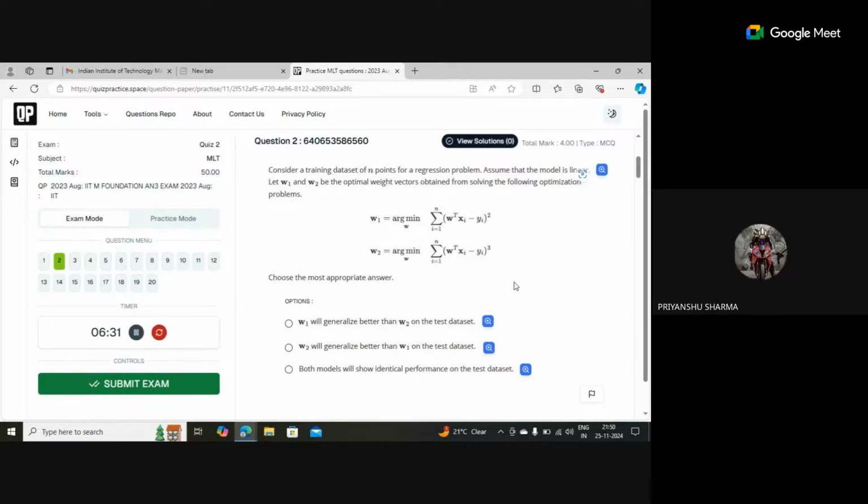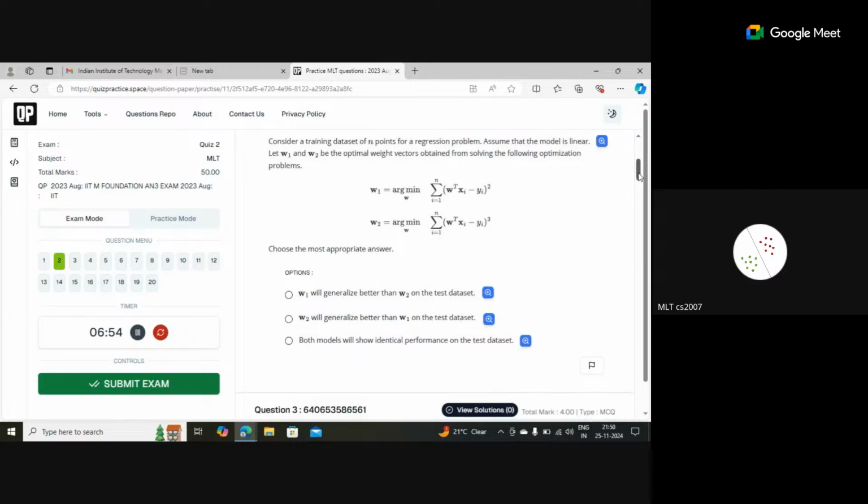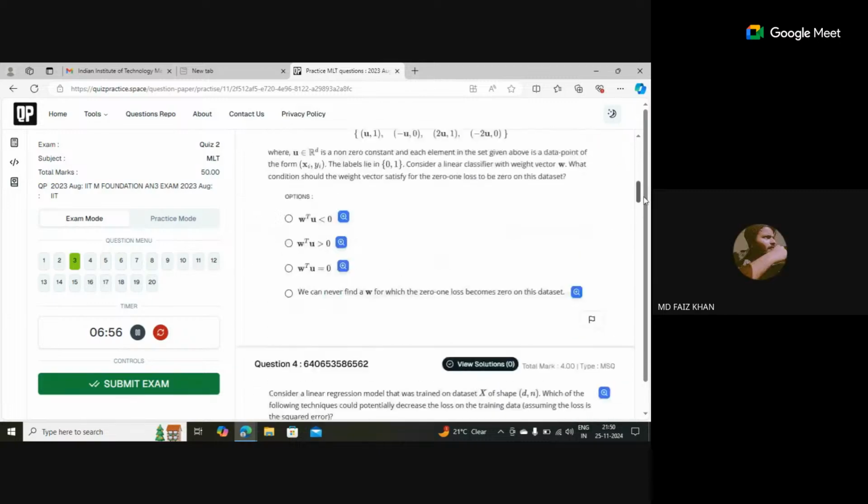W1 is better, because for W2 it's a cube, and therefore the variance will be more compared to the first one. Data spread will be more for the second, and that's why it will have more error. You have to work it out: open the bracket for W transpose Xi minus Yi and work it out. Okay, ma'am.